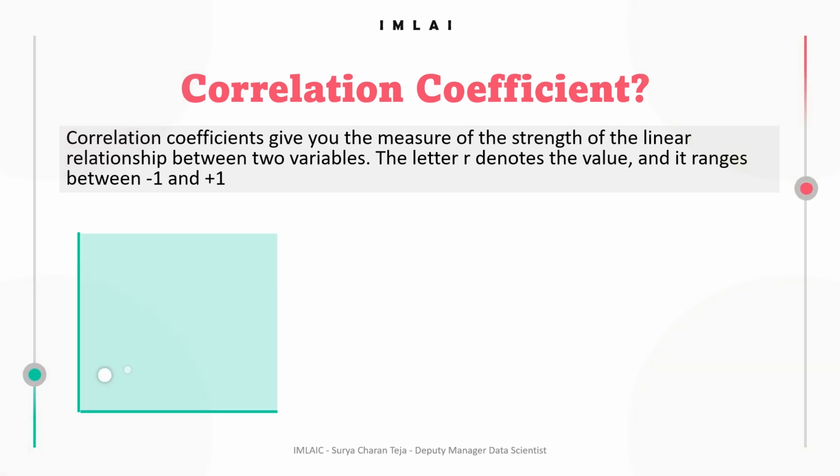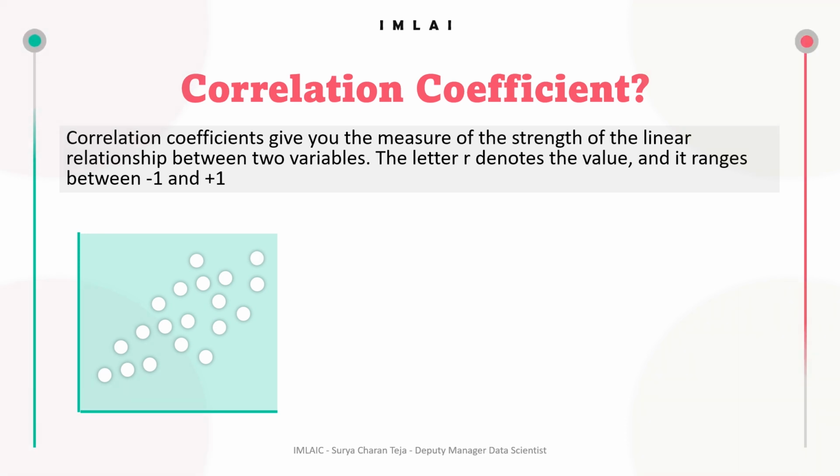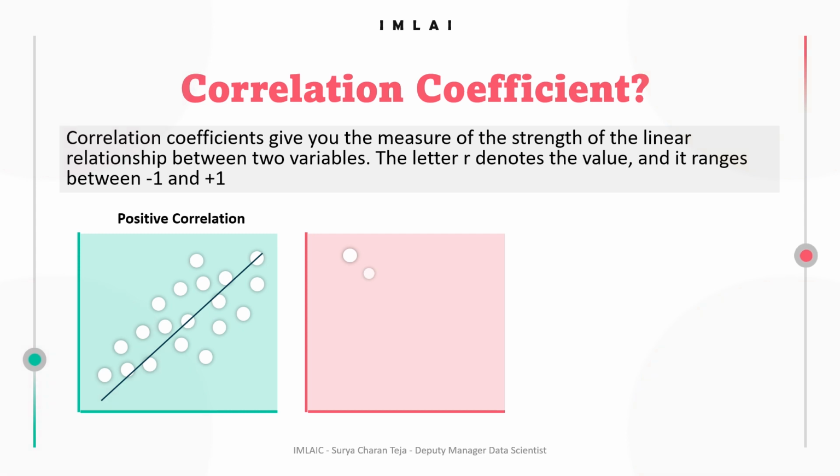So in the first case, R is our correlation coefficient. If R is greater than 0, it implies a positive correlation.